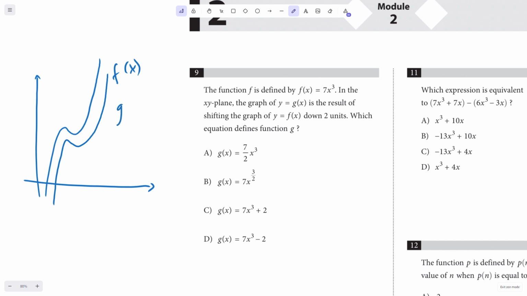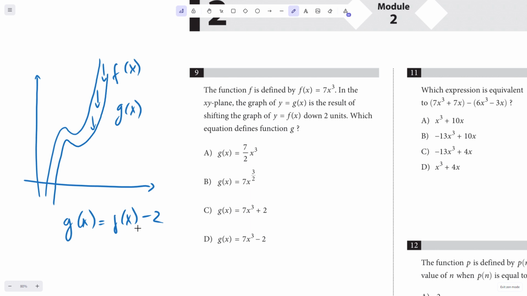So this is g of x. We move all the points down by 2 points. And mathematically, this is equal to subtracting 2 from f of x. So g of x is equal to f of x minus 2.